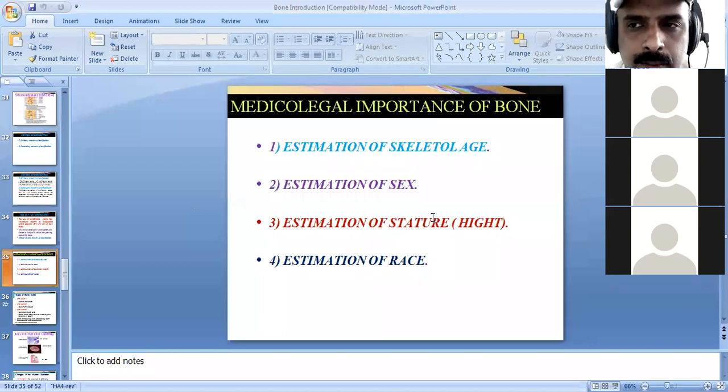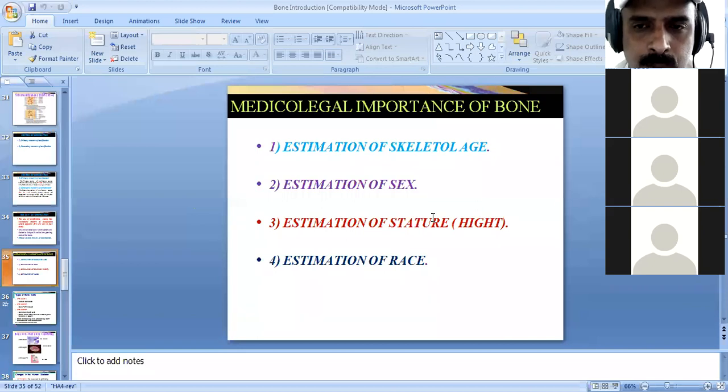You have to know about the estimation of the skeletal age. Whether it is old age, middle age, or a child's bone, we can identify it looking at the bone's features, general features, and appearance.